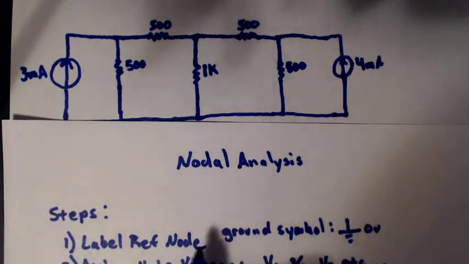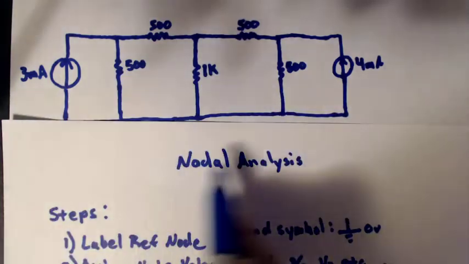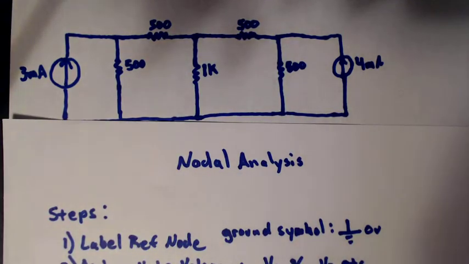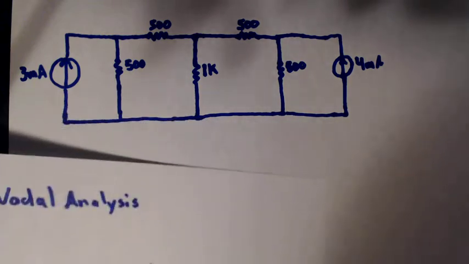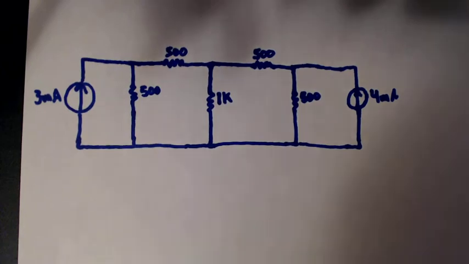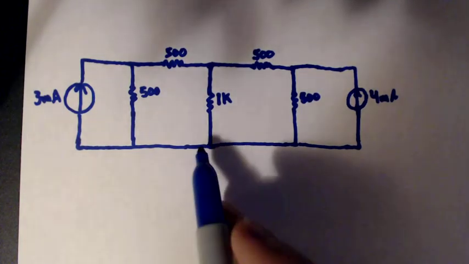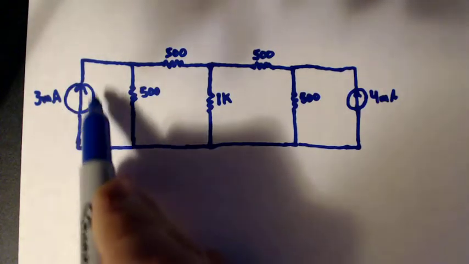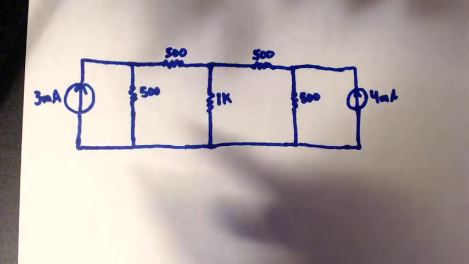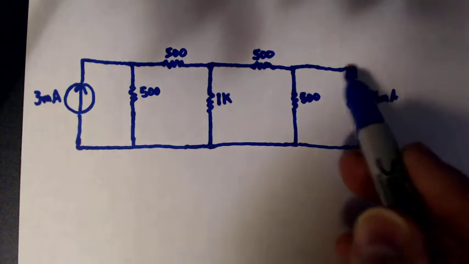We need to label this reference node. All that means is we're going to pick a point in this circuit and call it 0 volts. You can make life a little easier by picking a spot that makes sense. When I look over here, I see that from this current source, I have current going this way, and same thing over here, 4 milliamps, current's going this way.